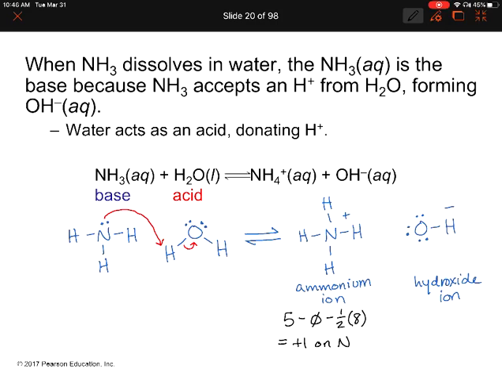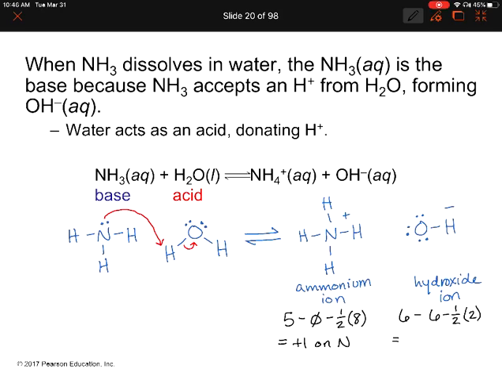And then in the hydroxide ion, we're going to focus on oxygen. Oxygen again has 6 valence electrons. And then in this molecule, there are 6 lone pair electrons. And then we're subtracting half of the 2 bonded electrons.